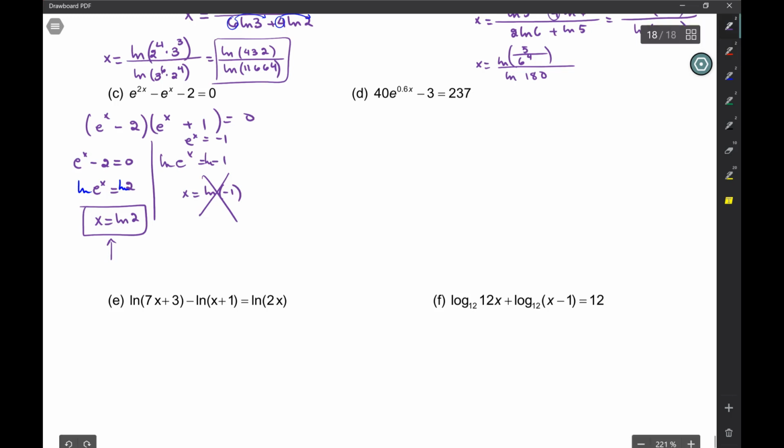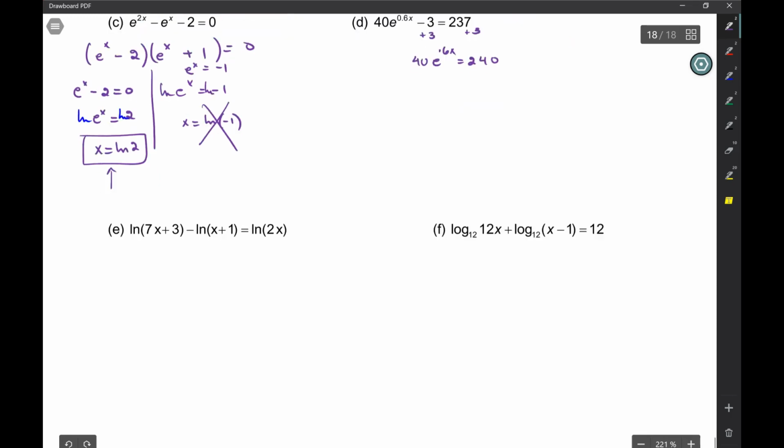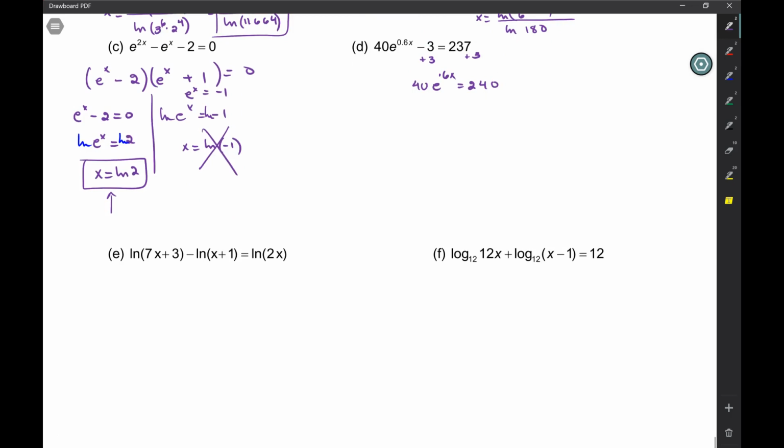Okay. So this one goes very quickly. 40 e to the 0.6x is equal to 240. Basically, I just put this up because it's got a decimal exponent, but it's nothing special. It's actually rather boring. So then e to the 0.6x equals how much? 6.